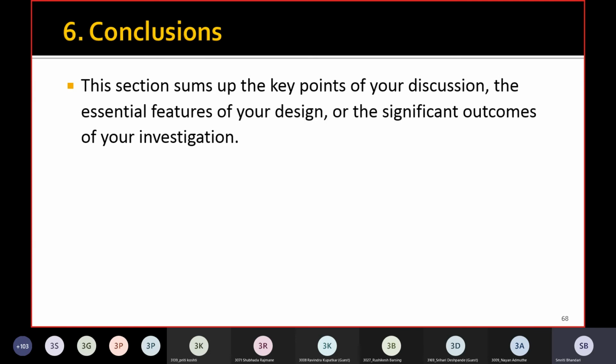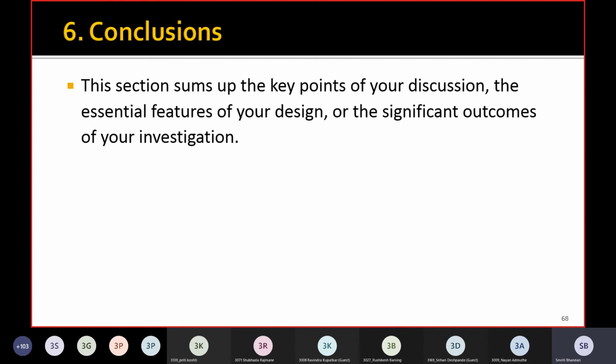So in this conclusion chapter, you should write one paragraph with respect to each objective. Whatever the first objective is, how you have achieved that objective, briefly you should mention in the conclusion.